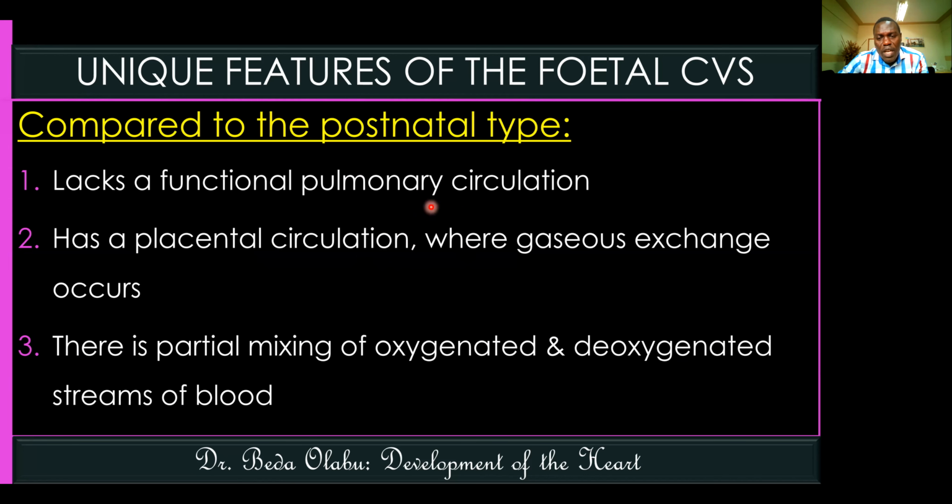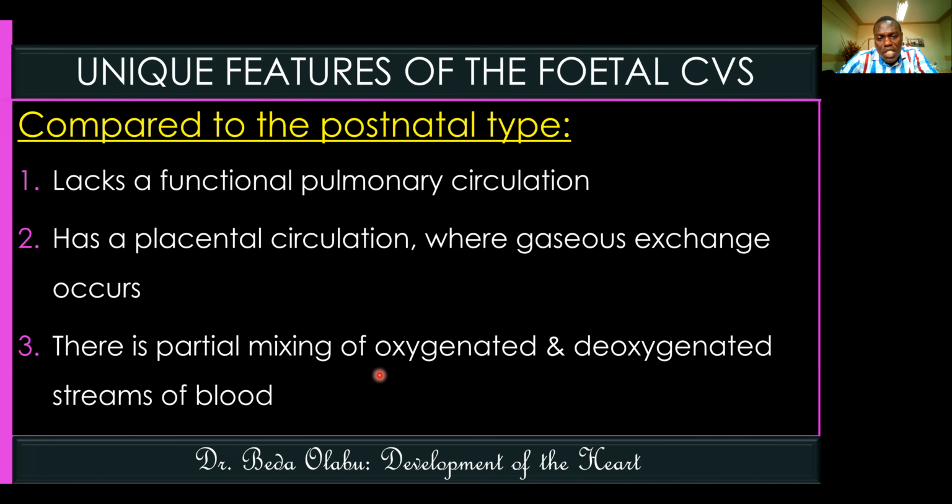In the postnatal type, those two streams of blood never mix. However, in the fetal cardiovascular system, the oxygenated stream of blood mixes with the deoxygenated stream of blood. So those three things are important to note about the fetal cardiovascular system.